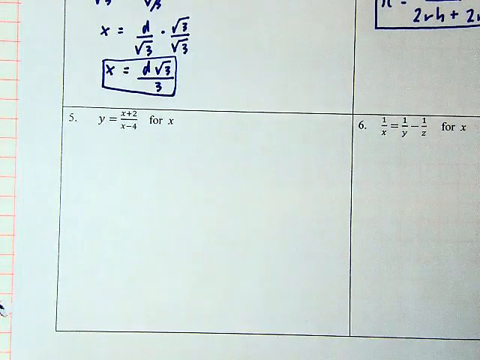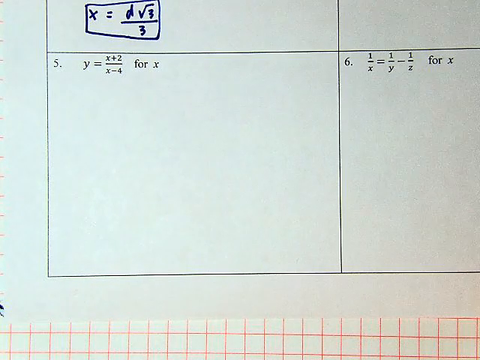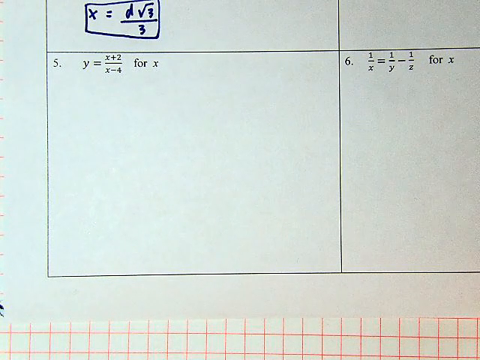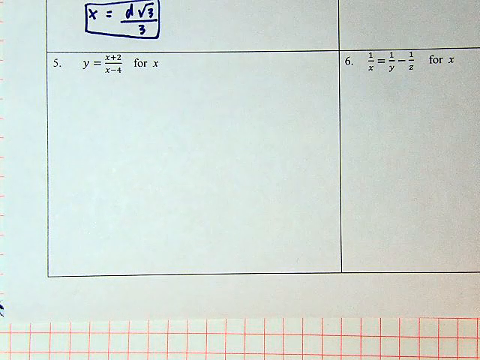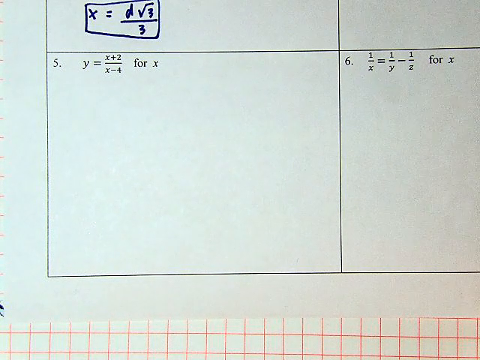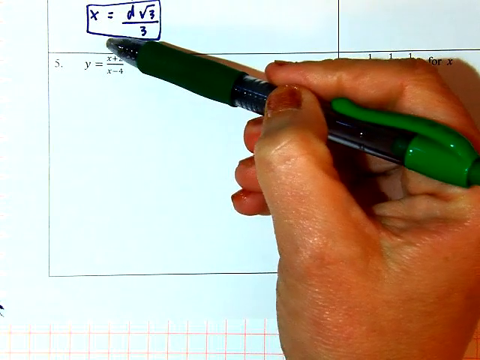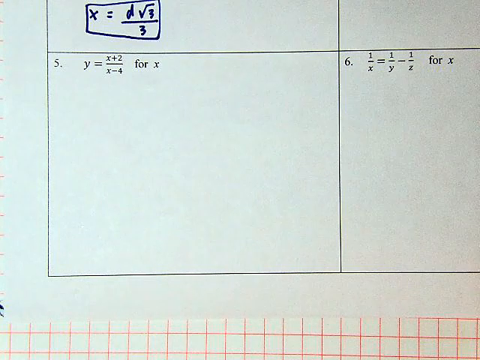So up here, slide that up. Here I have y equals x plus 2 over x minus 4, and I'm trying to solve this one for x. So here what's challenging is that I have a fraction on the right-hand side, and again I see x in 2 places. So what I want to do is clear that fraction.